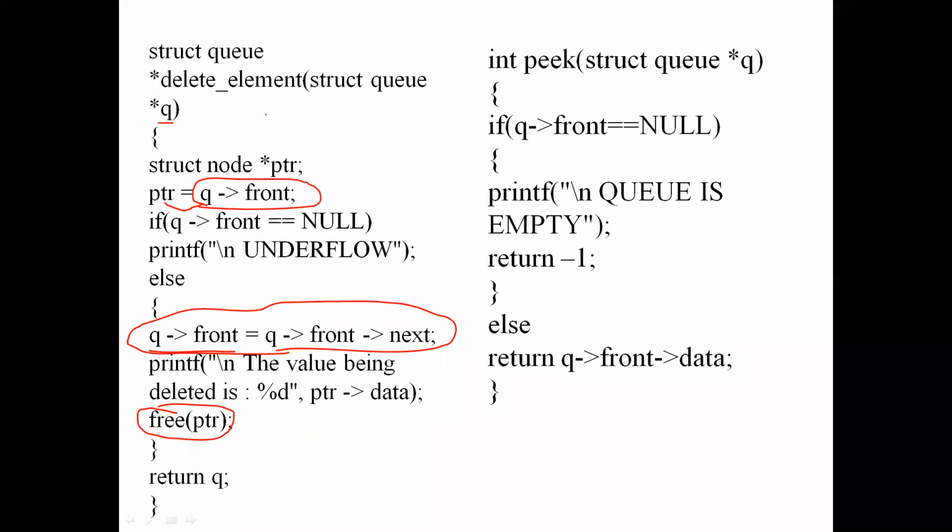Then you have another operation called peek operation. You know that it displays what? The front element. It displays the data of the front element. How will you access the front element? They are just returning the data: Q front data. See, simple.